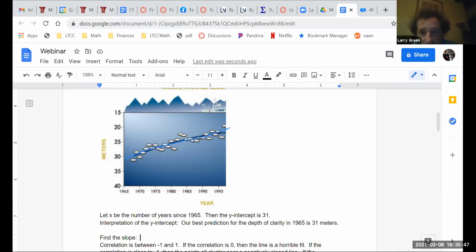We found b already, that was our 31. But how do we find the slope? It's three words, not equations, words. And you all know it. Doesn't mean you remember it, but it wasn't some mysterious thing. You got hammered with it when you were in school.